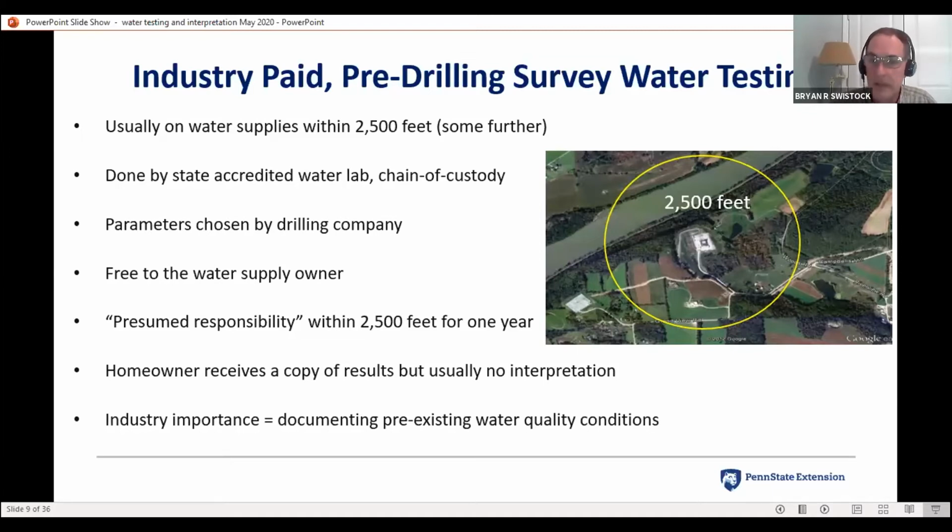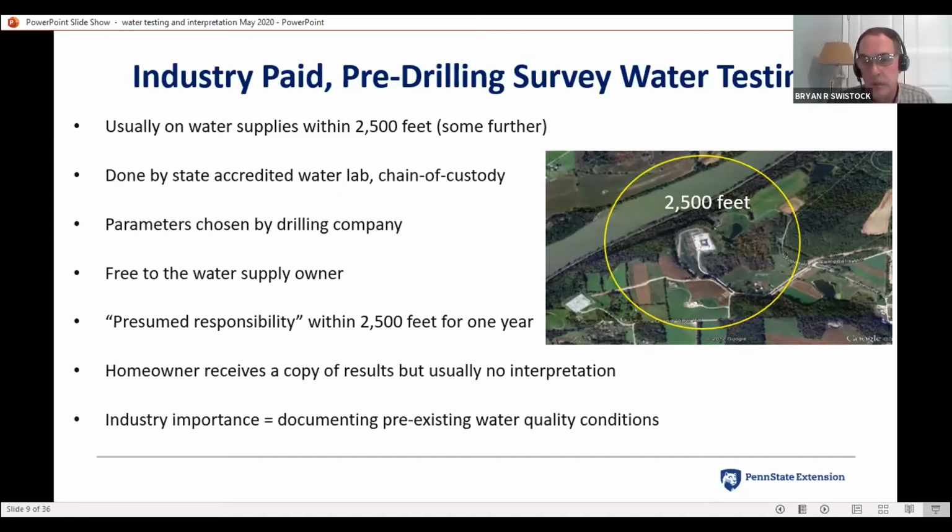So it's going to be done on private water systems within some distance around the gas drilling site. It needs to be done by an accredited lab and it needs to be done by chain of custody. The parameters, at least in Pennsylvania, are chosen by the gas drilling company, so it can vary. Some companies do much more extensive testing than others. In some states, that list of parameters is specified and they're all the same. It is free to the homeowner and the homeowner gets a copy of the results.